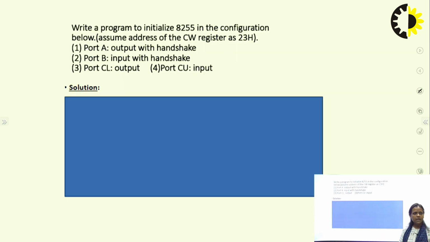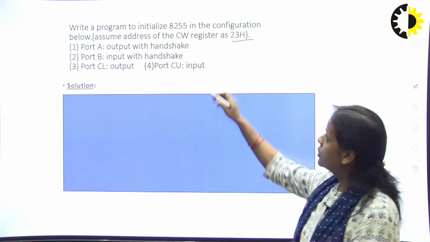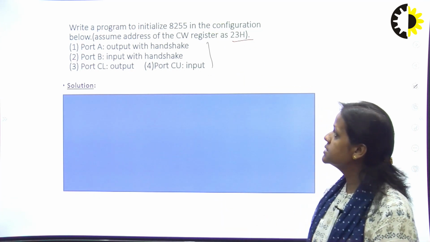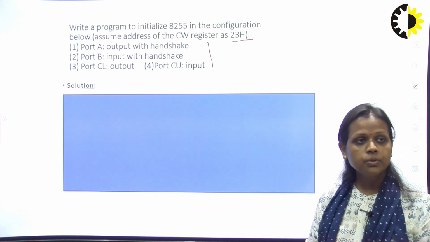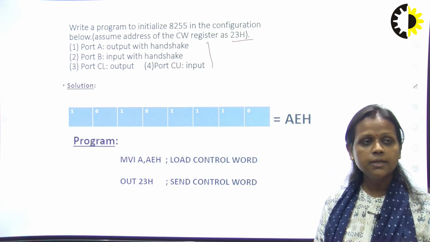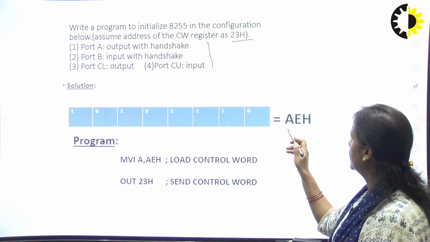Then next we have assumed the control word register address is 23H, and port A is output with handshake, port B is input with handshake, port CL is output, and port CU is input. If we write the control word for this particular configuration, we will get AEH.